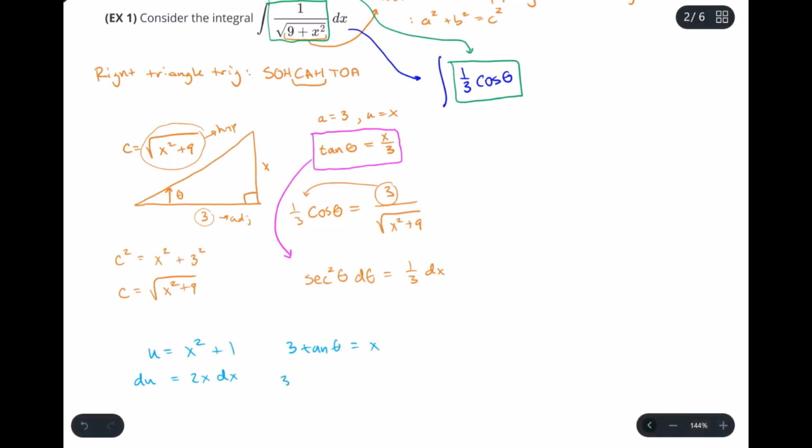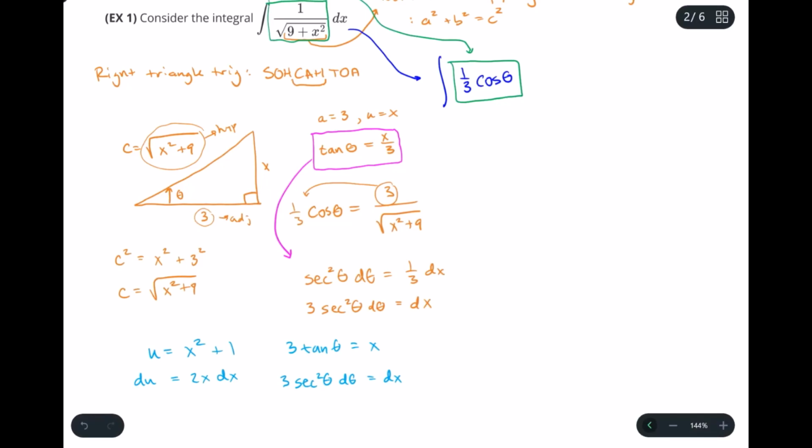That would be 3 secant squared theta d theta equals dx. So to substitute for dx, I need to use exactly 3 secant squared theta d theta.